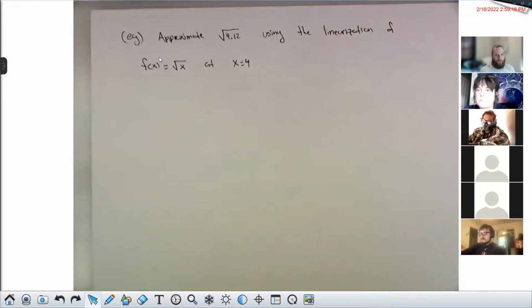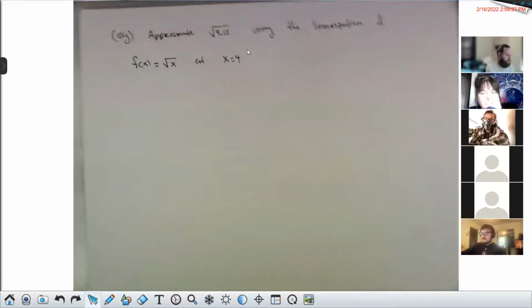So I'm going to construct the tangent line to the square root function at x equals 4. That's going to give me a linear function, L. And then into that linear function, I will plug whatever x value I would plug in here to get this.